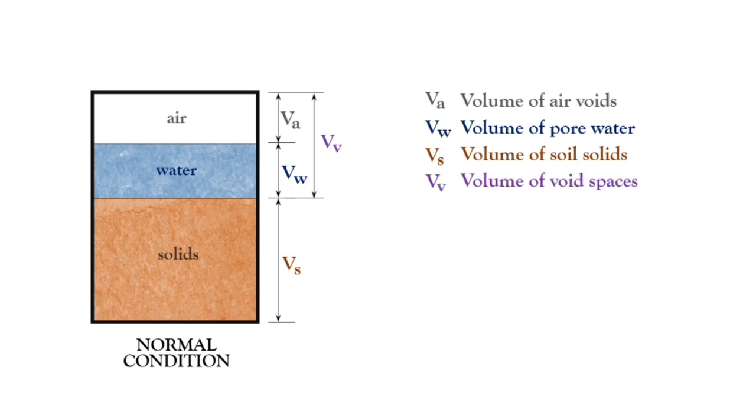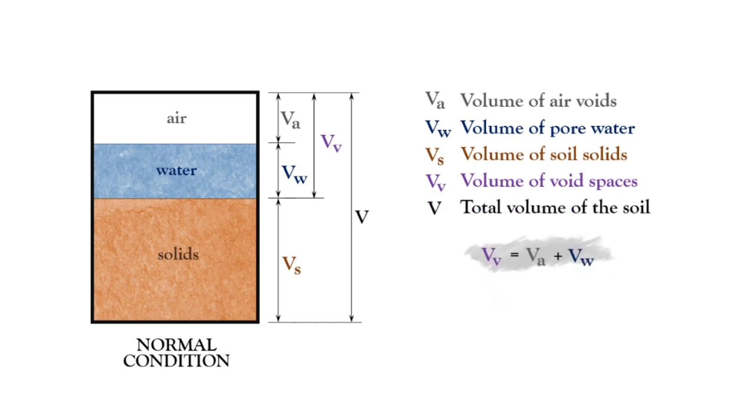So maaaring yung volume of the voids ay magiging volume lang ng water kapag saturated or volume lang ng air kapag dry. Kapag sinamap natin itong mga volumes na to, syempre, magka-come up tayo with the total volume of the soil.